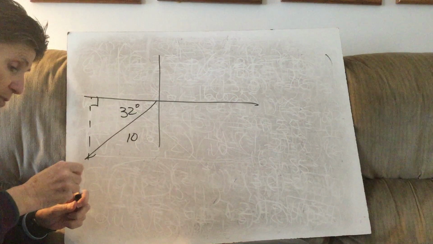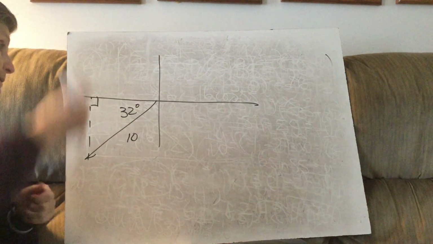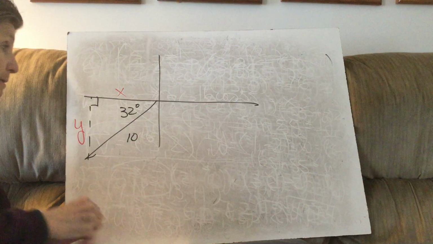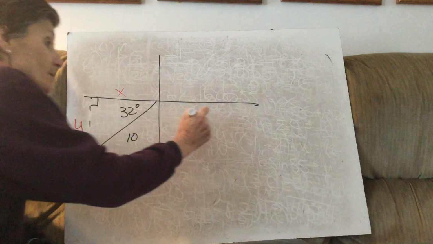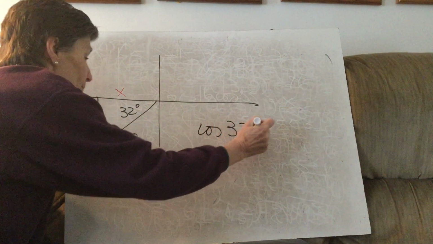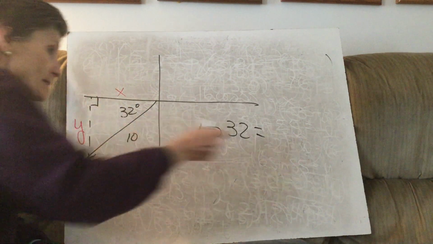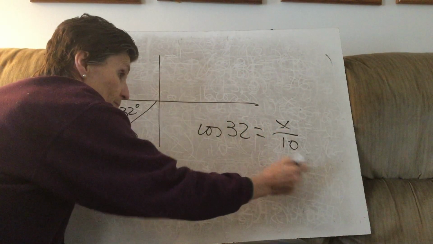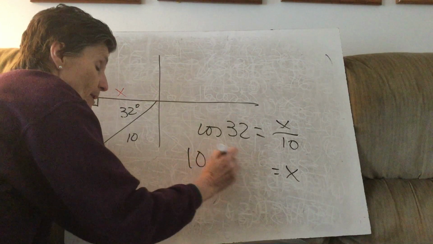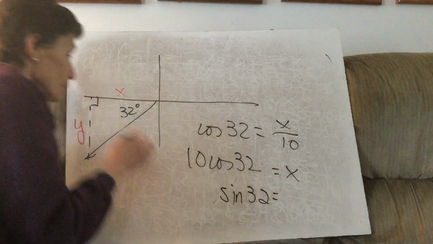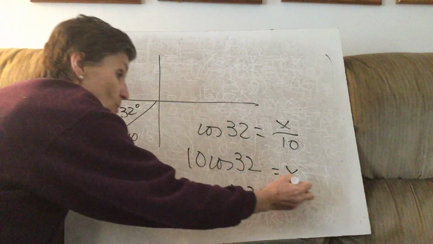Here's my butterfly bow tie. Here's my x and my y. So, once again, cosine 32 equals x over 10. And sine 32 equals y over 10.